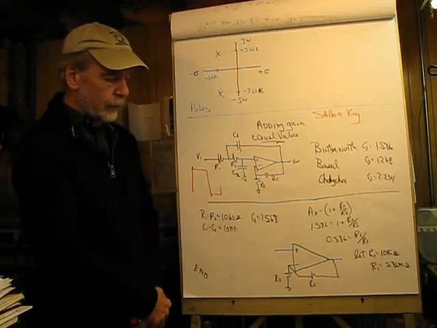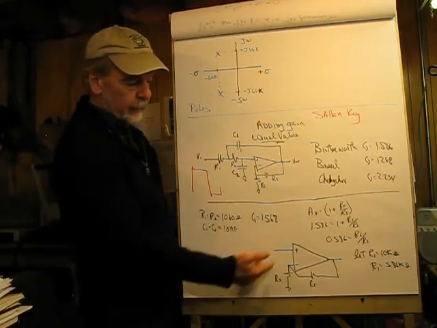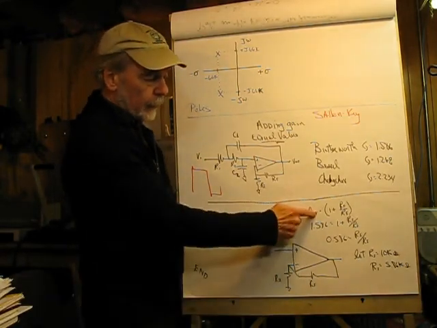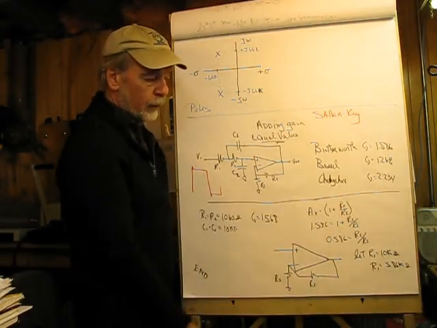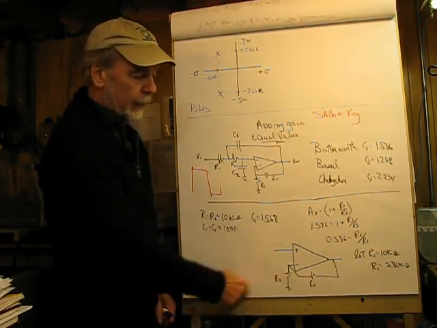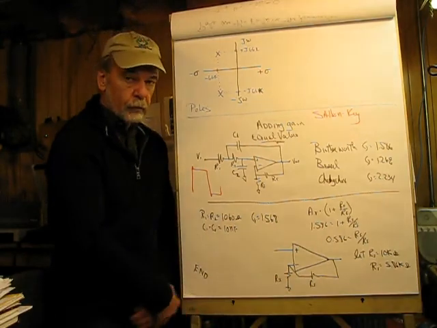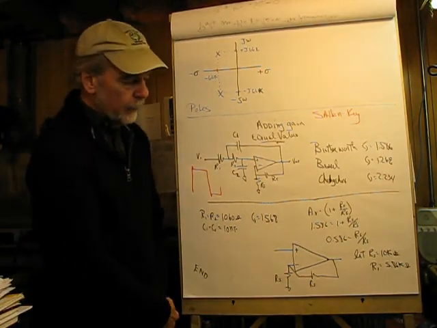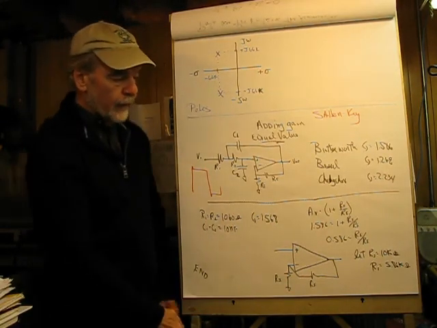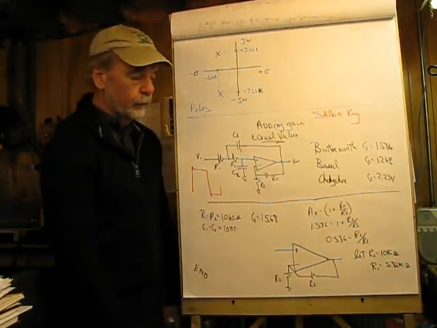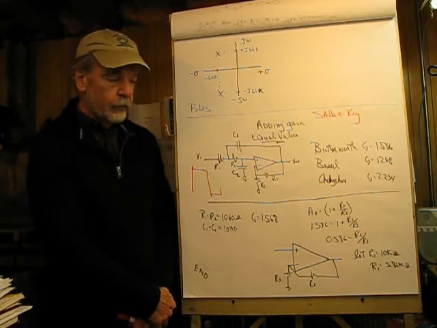Here are values again. All we do is fall back and take a look at the gain for a non-inverting amplifier: Av equals 1 plus the ratio of Rf over Ri. Then we substitute in 1.586 for the gain we want. Subtracting 1 from both sides, we find the ratio of Rf over Ri is equal to 0.586.